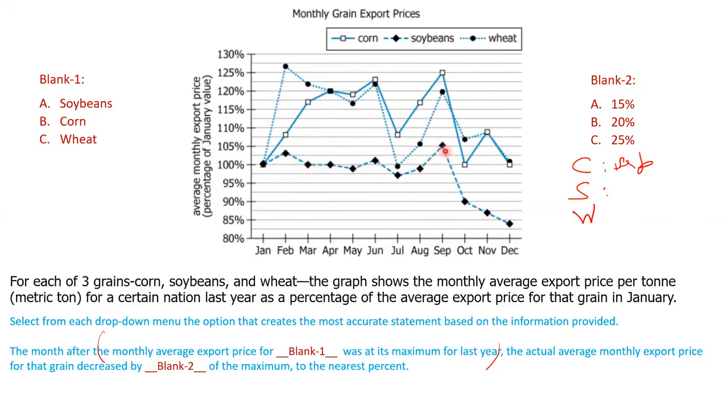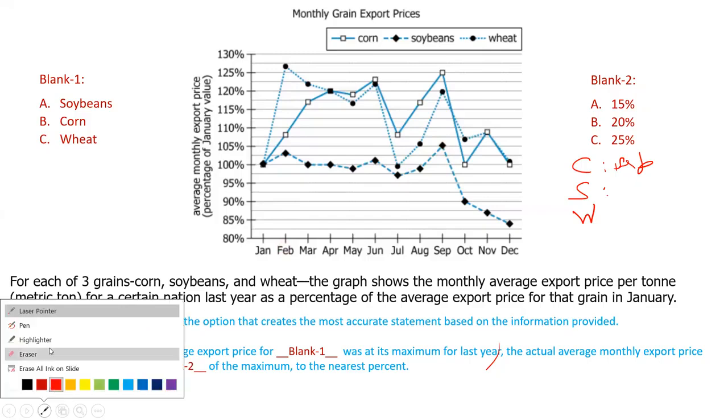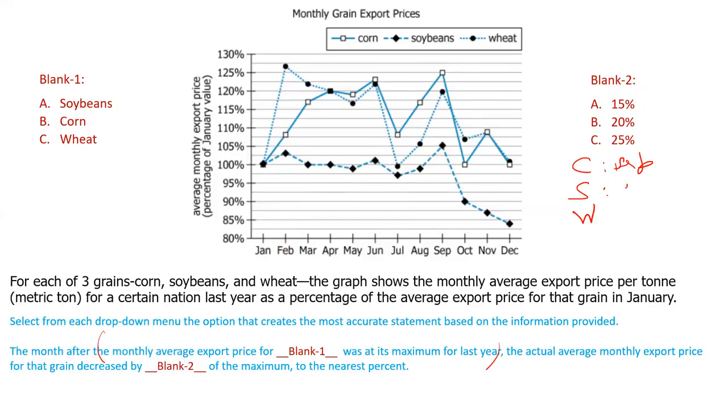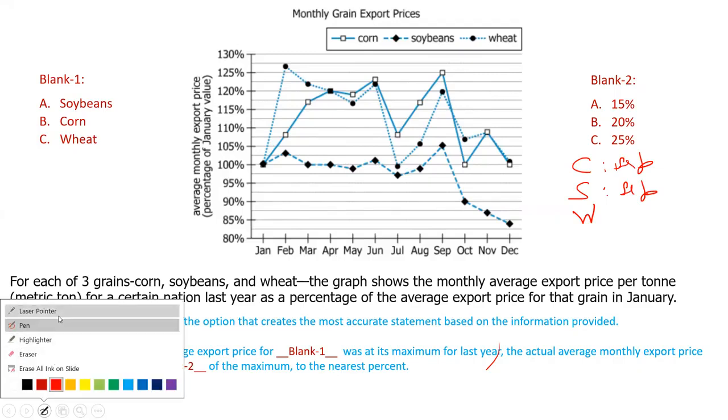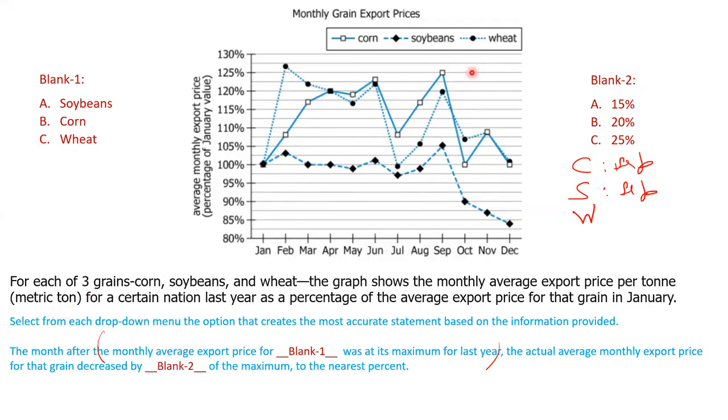Okay, all right. Let me know if I am reading it incorrectly somewhere. So this is also September. And finally, wheat would be this one. Wheat, I think, is highest in February. Yes. Wheat is highest in Feb. Correct?